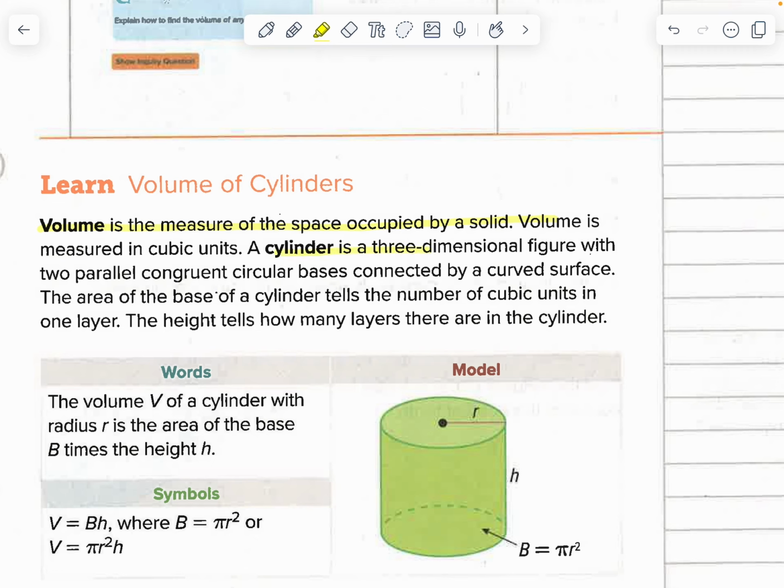And a cylinder is a three-dimensional figure with two parallel congruent bases connected by a curved surface. Now, that makes no sense, I know. I apologize. So what it's saying is you have a circle on top, you have a circle on bottom, and then you have these sides connecting it, just like a can.